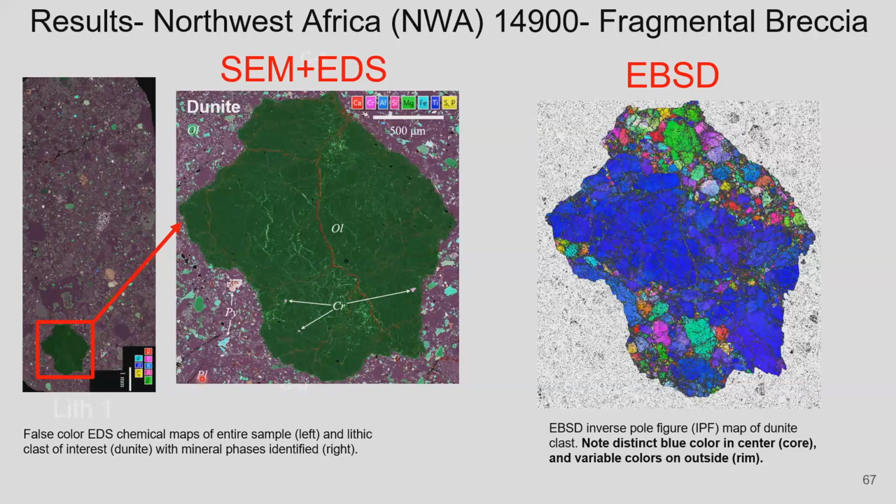So what this basically means is, if you want to summarize it, it can give you a good sense as to the crystallographic orientation of different parts in this Dunite clast. So all these olivine grains that are primarily blue are at roughly either the same or similar crystallographic orientation. Whereas all of these olivine grains in these rims that have different colors are at a different crystallographic orientation.